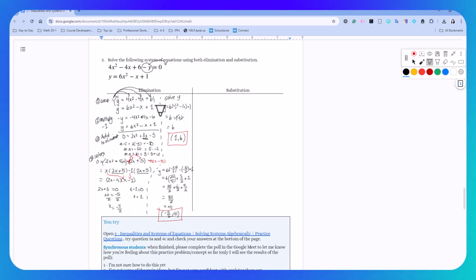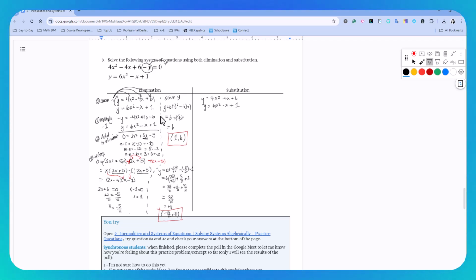Now let's do our substitution. For substitution, we're going to isolate the y's and substitute that value into the other equation. Well, we can actually go right over to what we figured out for the elimination, and we say y equals negative 4x squared minus 4x plus 6, y equals 6x squared minus x plus 1.